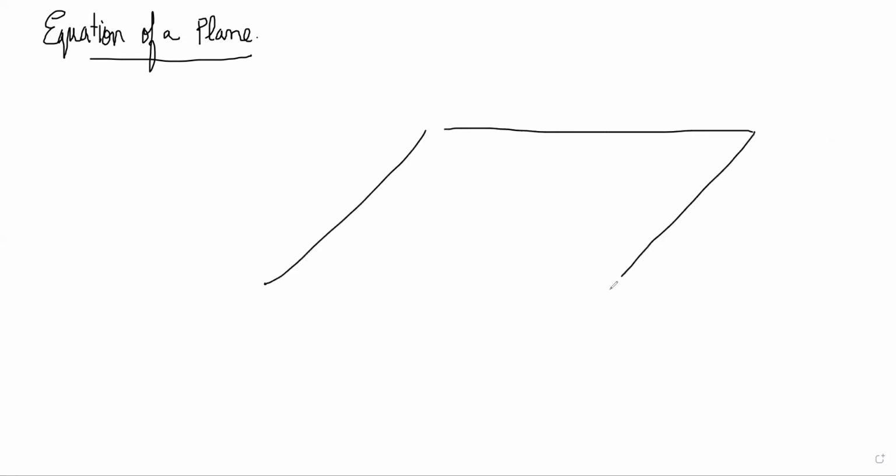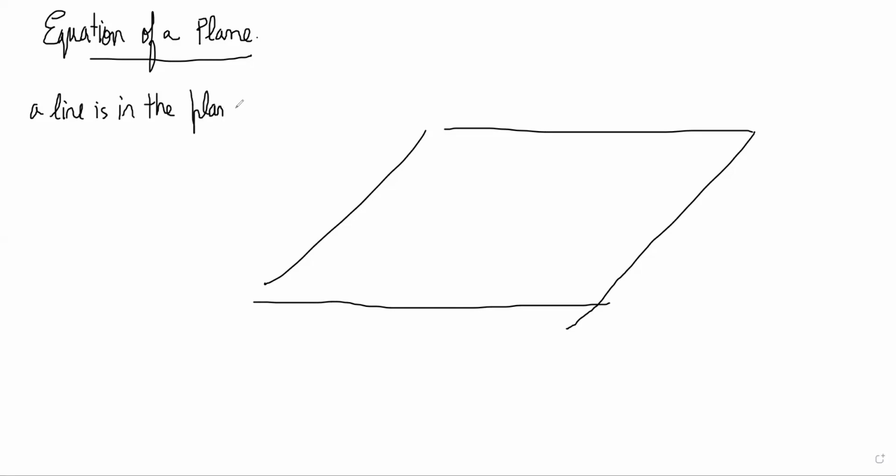Then we look at equation of a plane in 3D. Equation of a plane has been done in class. Yes, sir. So when we talk about a plane, we mean something like this. And when we say a line is in the plane, that means that all points on the line are part of the plane, every point.